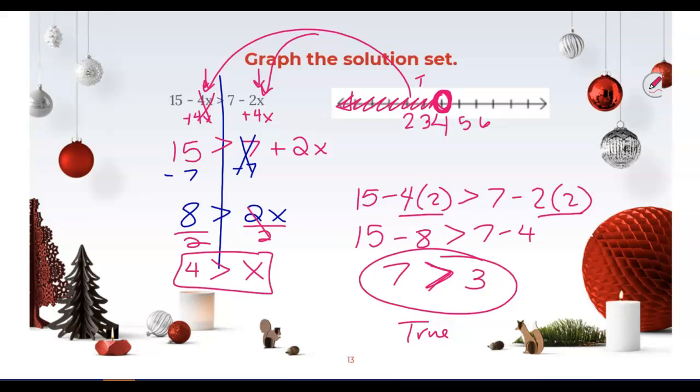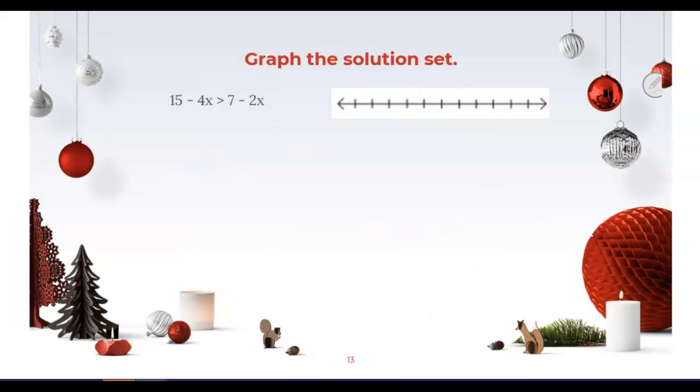If you forget to flip the sign by dividing by a negative, checking your answers will make a difference and help you catch mistakes. Let's just look at what would have happened if you had added the 2x instead. So we would have had 15 subtract 2x, is that greater than 7?